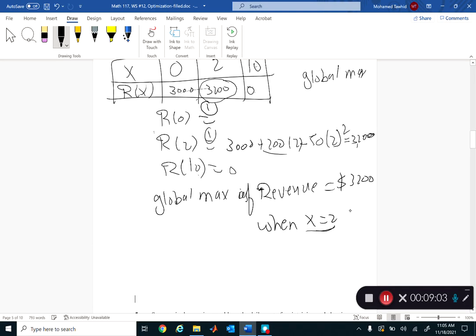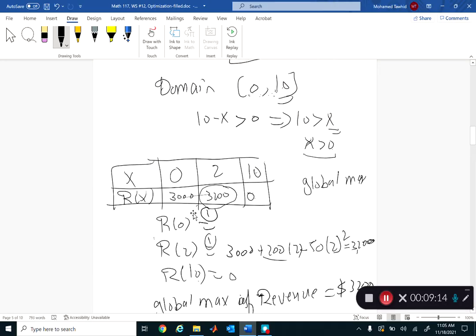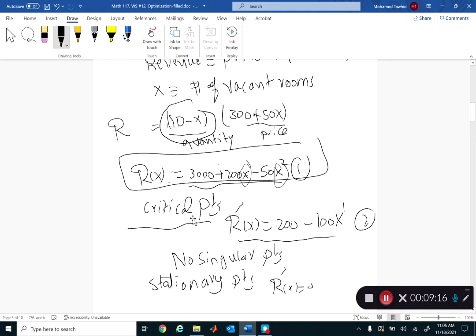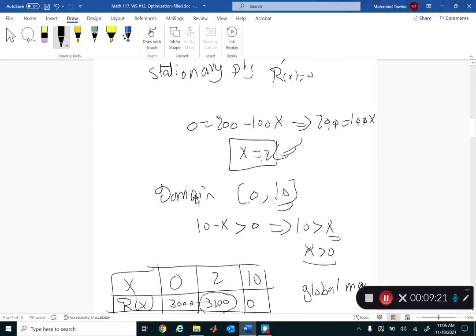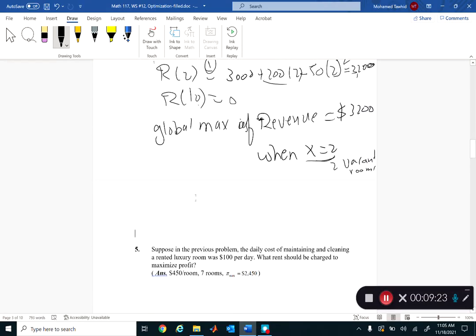What is x equal to? It means you have 2 vacant rooms. Okay, so that is very much number 4 here, guys. The difficult part here is how to set up the equation as I did here, and then the rest will be easy for you to proceed.